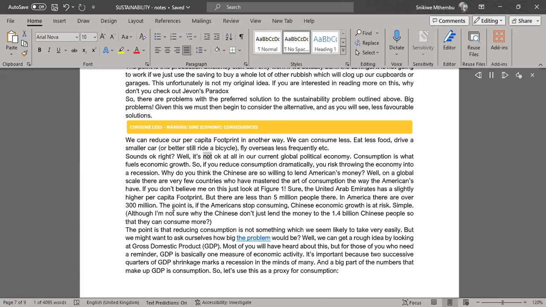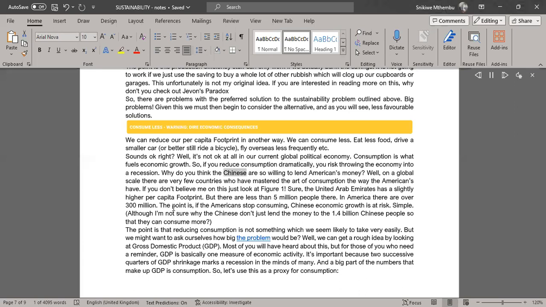Well, it's not okay at all in our current global political economy. Consumption is what fuels economic growth. So, if you reduce consumption dramatically, you risk throwing the economy into a recession.